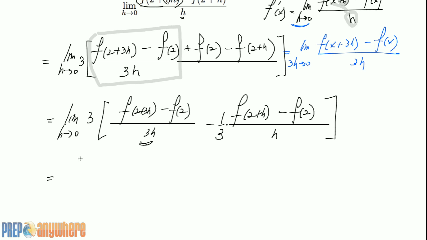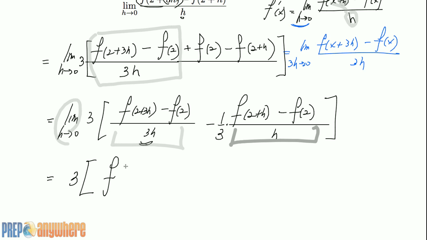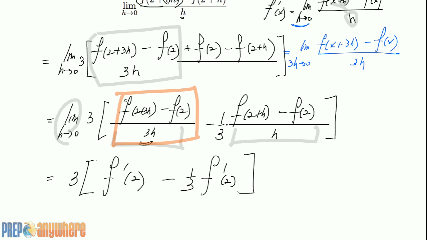Now if we apply the limit to this expression and that expression, what we get is 3 times f prime at 2 minus 1 over 3 f prime at 2. That right there is f prime. This is also f prime.